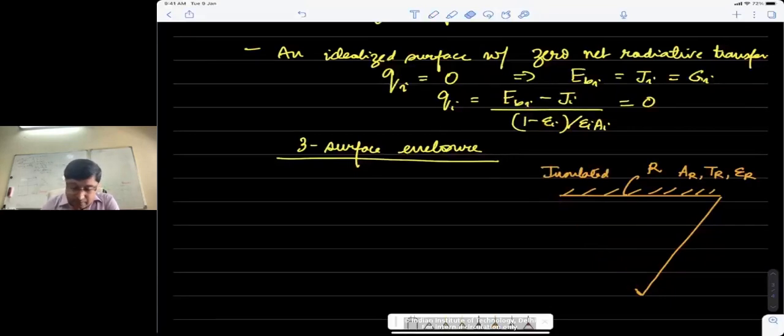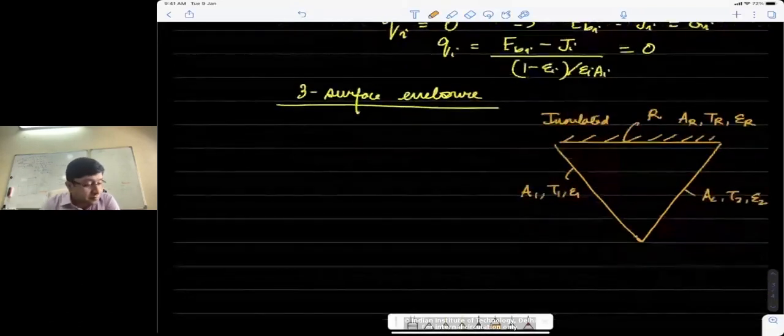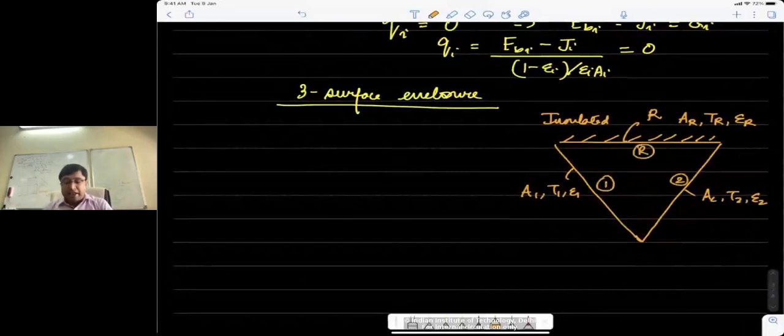And let's say this is area A1, T1, epsilon 1, and this is A2, T2, epsilon 2. And so the question being posed is, how much radiation is exchanged between surfaces 1 and 2 when you have a re-radiating surface in the problem?